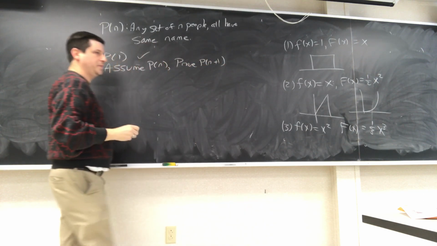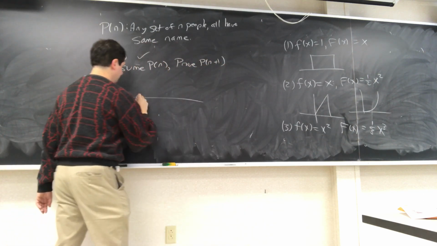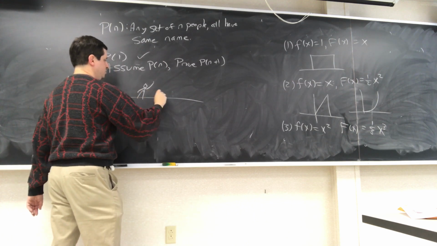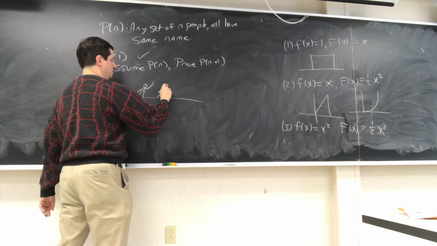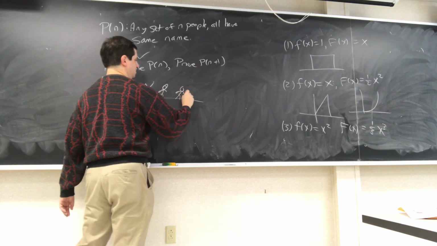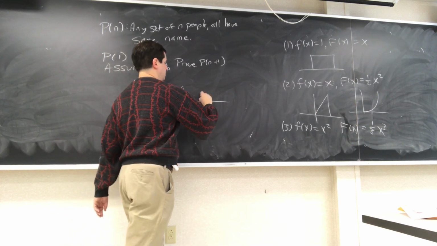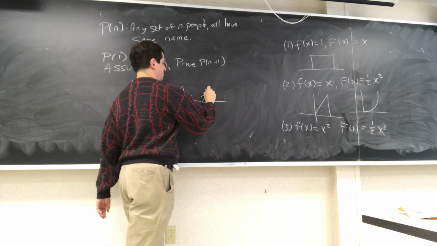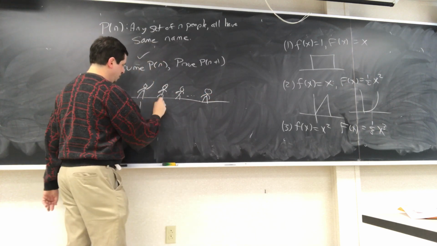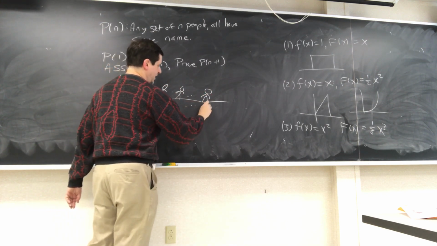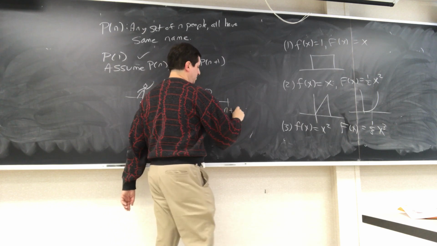So I apologize that my art is horrible. We'll do some disco people. All right, so here the people are 1, 2, 3, up to n plus 1.